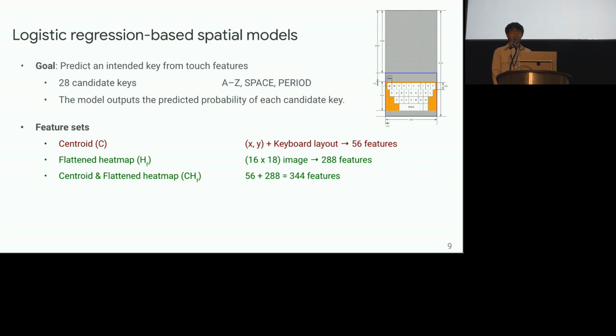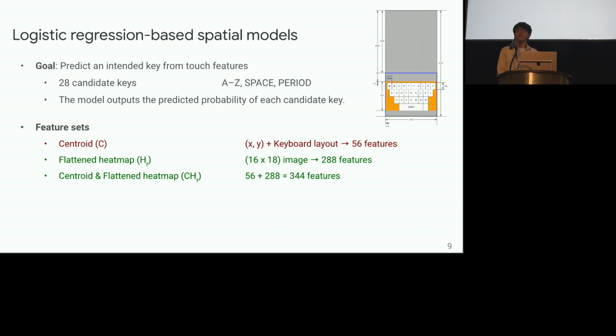In terms of the feature sets, to compare between the centroid and the heat map, of course, we try using only the centroid, using only the heat map, and using both centroid and heat map, so that the differences in performance can be attributed to the inclusion or exclusion of the heat map. For the centroid, we have X, Y, and we compare it with the center of each candidate key.